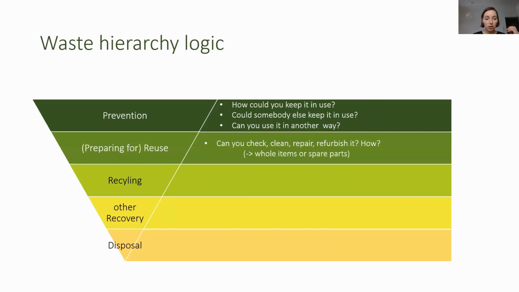Then if that is not possible, you would check, okay, can you check, clean, repair, refurbish it? So that's mostly the case for products that have use, so less the production waste. And then after that, if that's not possible, you will ask, can I recycle the substance or the material? For organic waste, you will also check, can it be composted, for example?